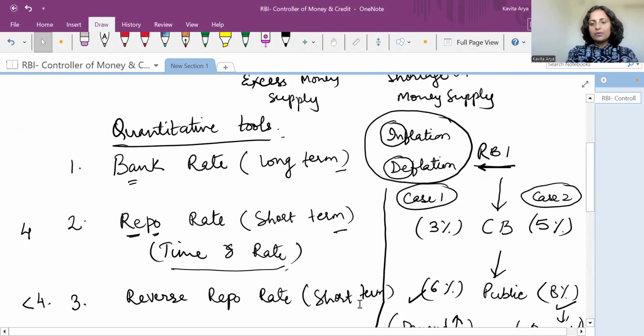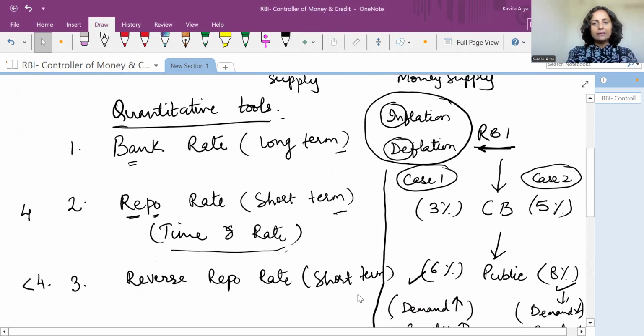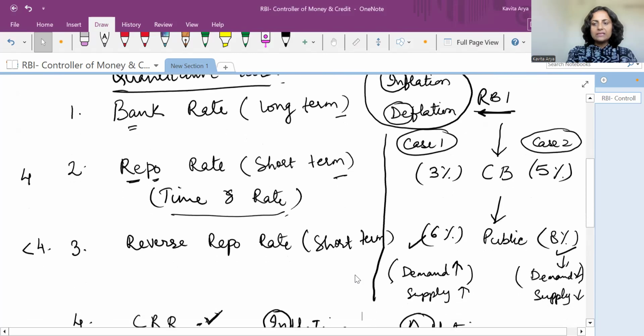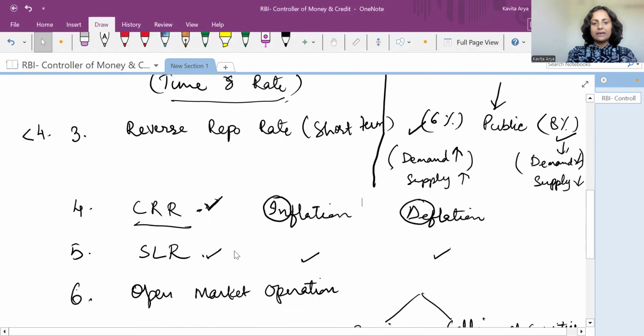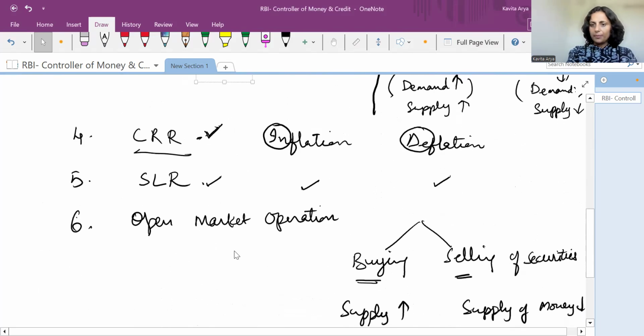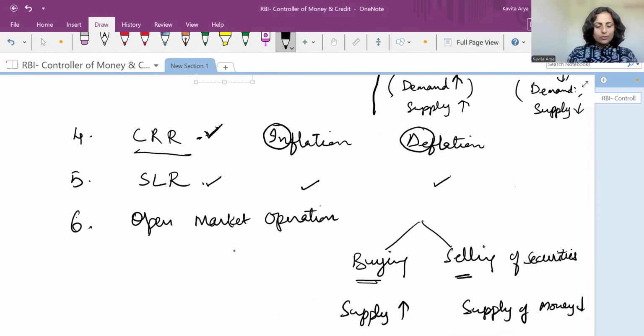So in our previous video, we went into the detail of the mechanism of all the quantitative tools: bank rate, repo rate, reverse repo rate, CRR, SLR, and open market operations. Very often open market operation, I don't know why, is the favorite of all the paper setters, and this question is most often asked in the papers.